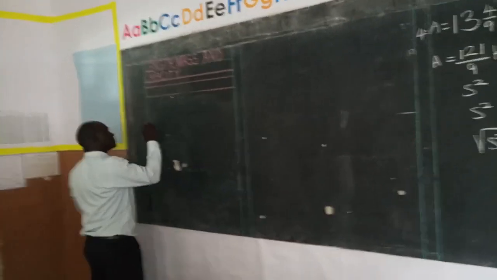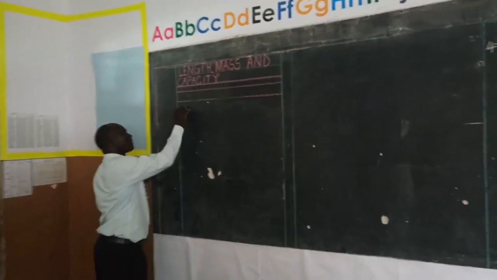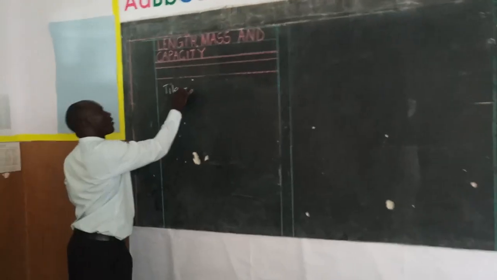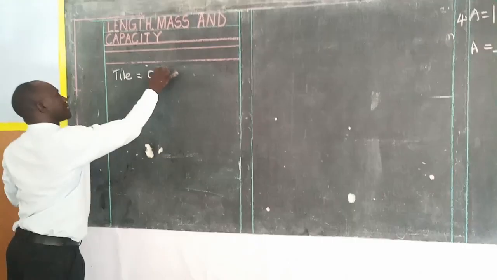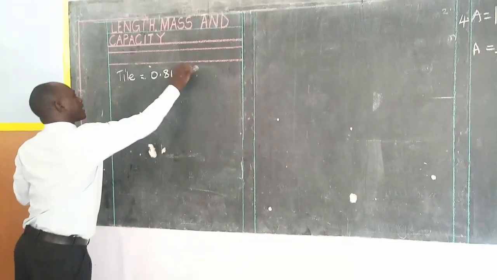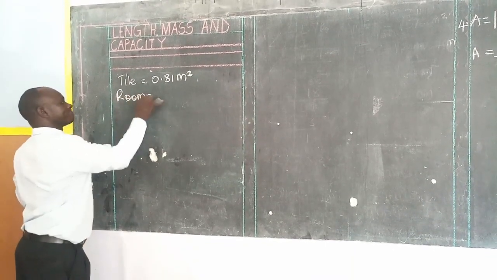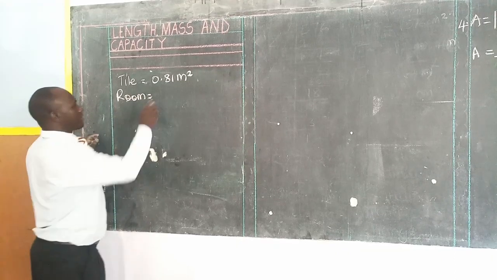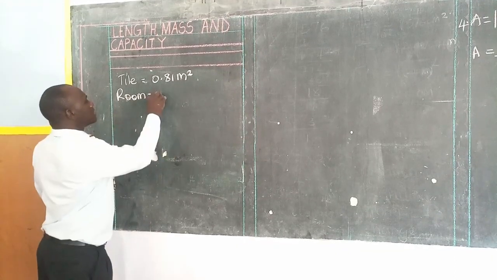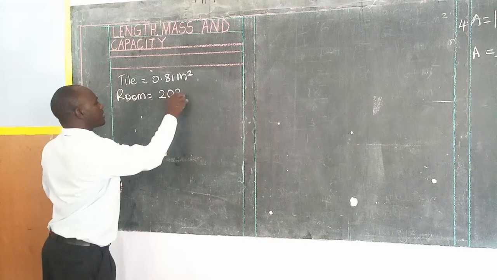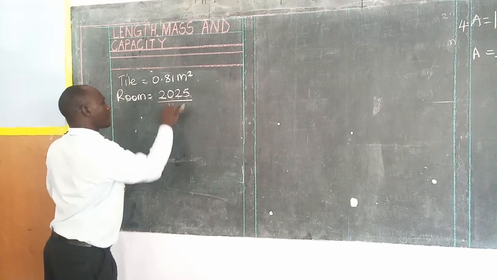I recall in terms of tiles, the area of the tile was given as 0.81 square meters. The area of our room is 2025 out of 100.